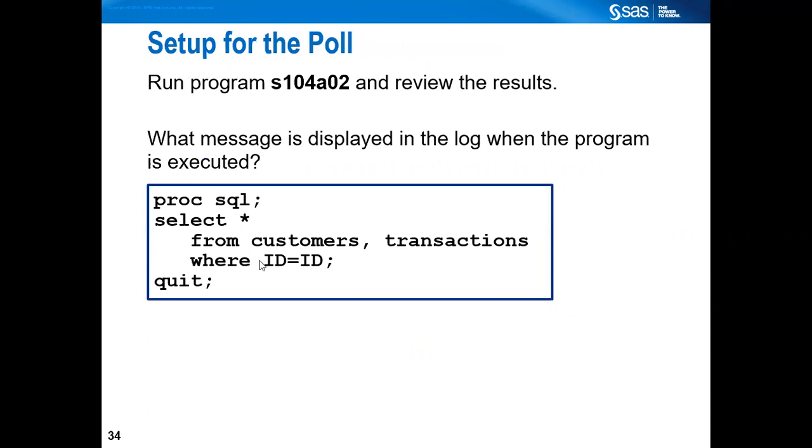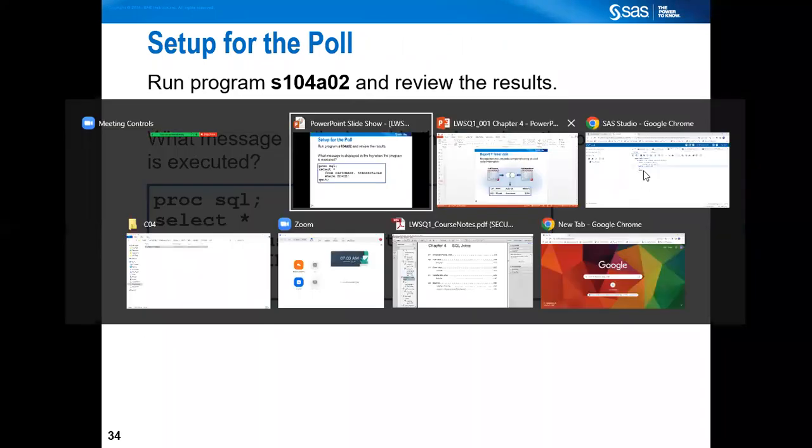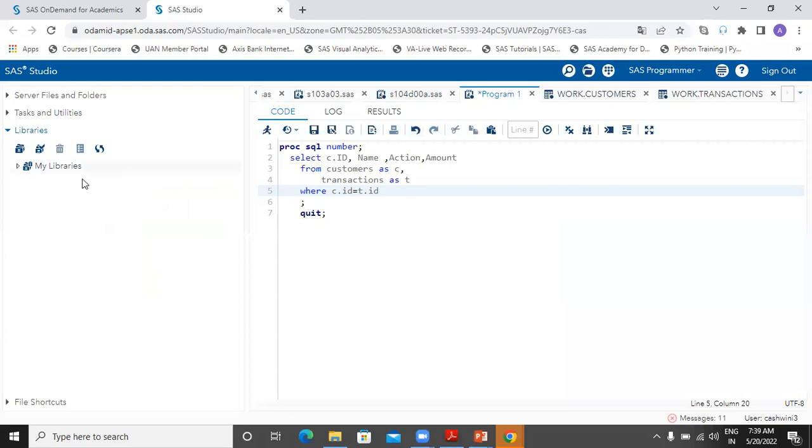So moving ahead, if I open this activity, A02, before opening it you should have customers and transactions data, correct? So before that, you need to create these tables. How will you create them?